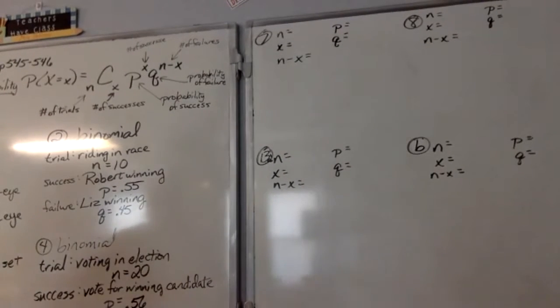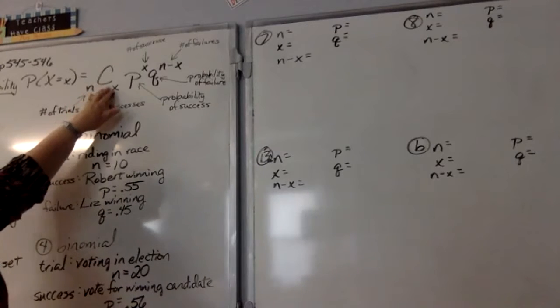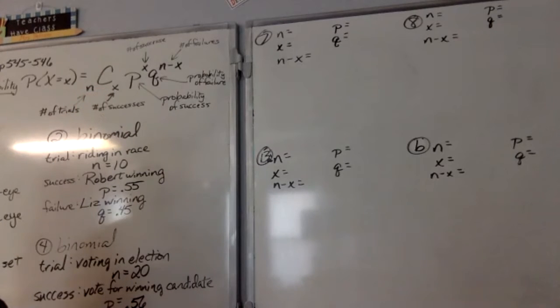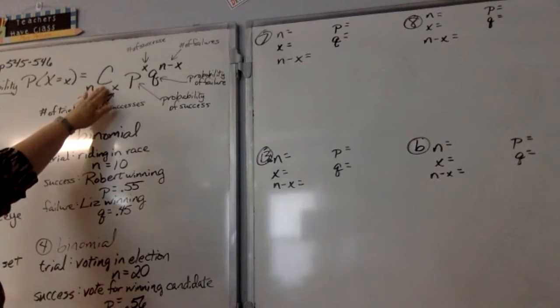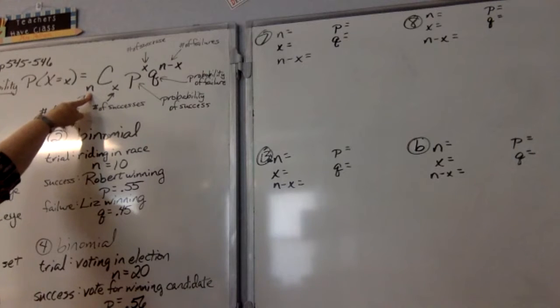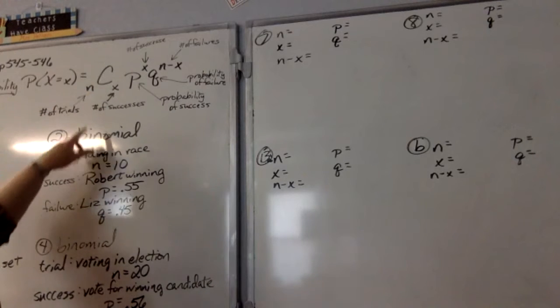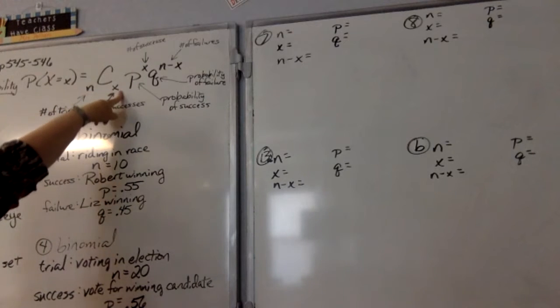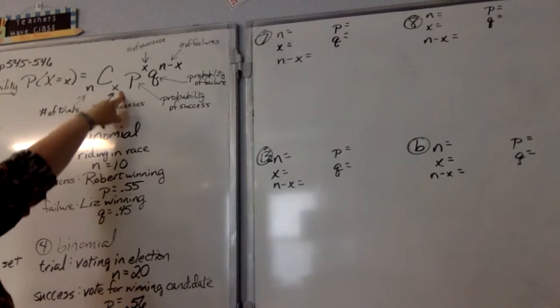All right, so we have the C thing, which is a combination, remember. We have N is our number of trials, which we just learned about. Okay, X is going to be the number of successes. So like when Liz and Robert were running around the block, or whatever it was, or riding bicycle, I think.